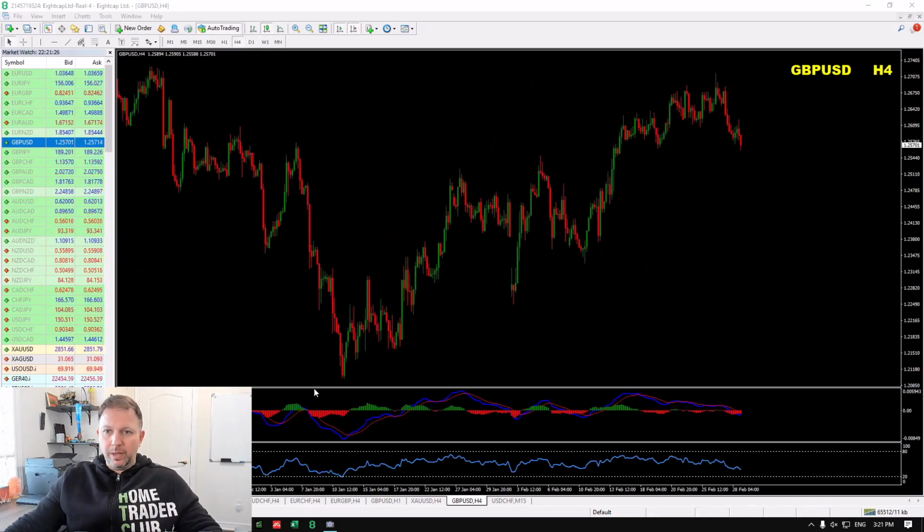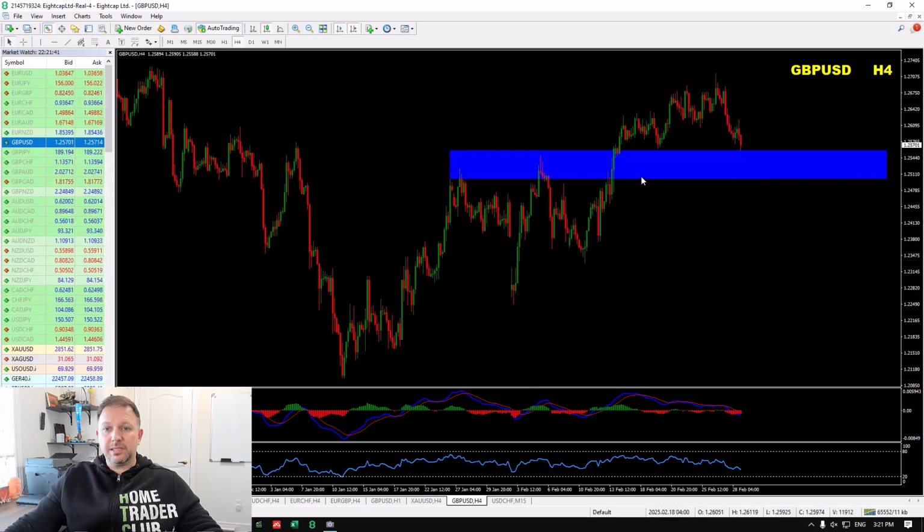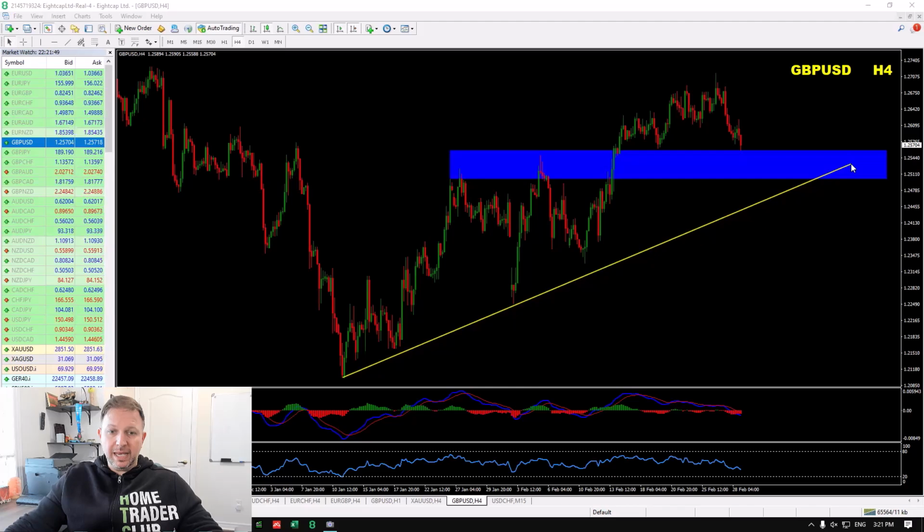However, the way I see it right now on the 4-hour chart, key zones we should be paying attention to. So we have this fantastic zone, broken resistances, previous demand area, now it becomes a support zone. Of course, we have the rising supportive line.